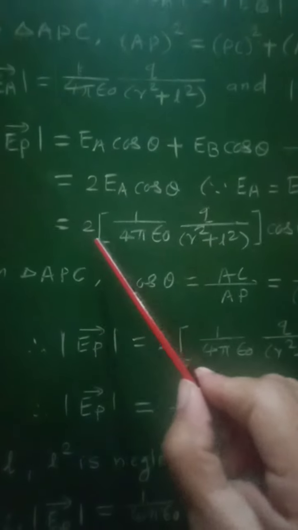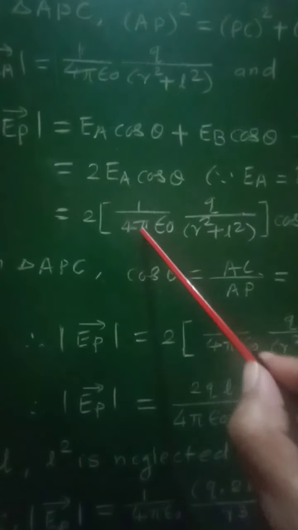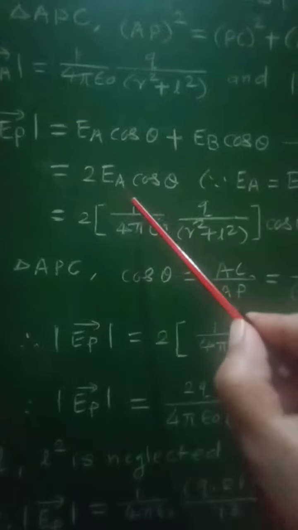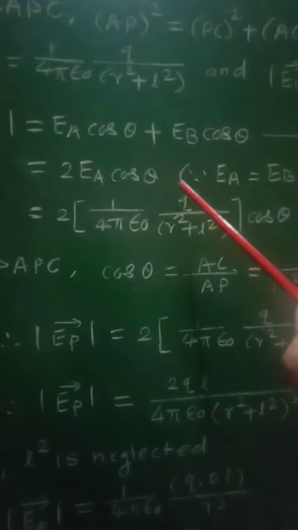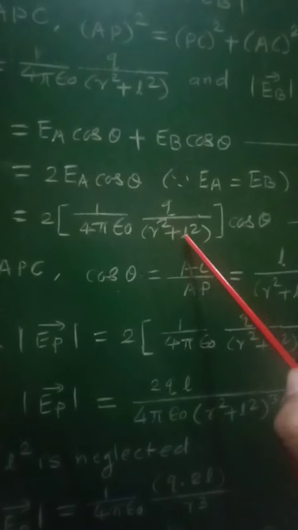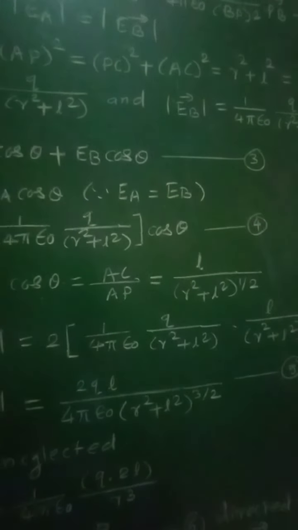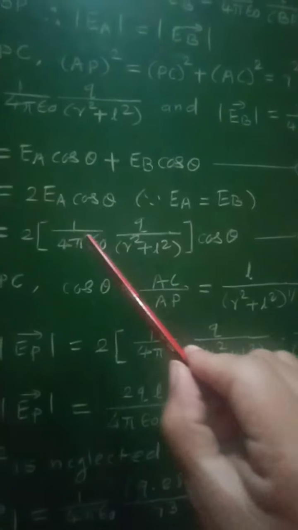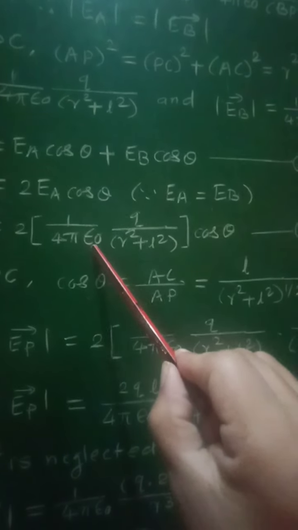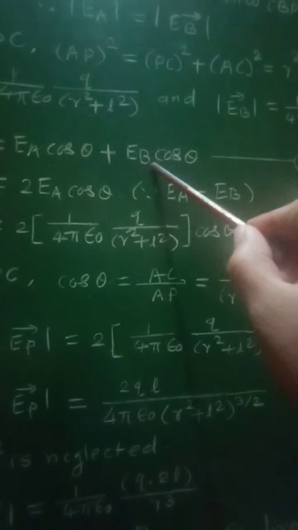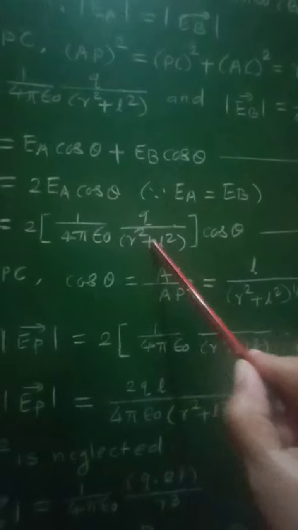So that will be equal to, putting the value of EA here, we can write 2 into 1 upon 4 pi epsilon 0 q upon r square plus L square, into cos theta, equation number 4.